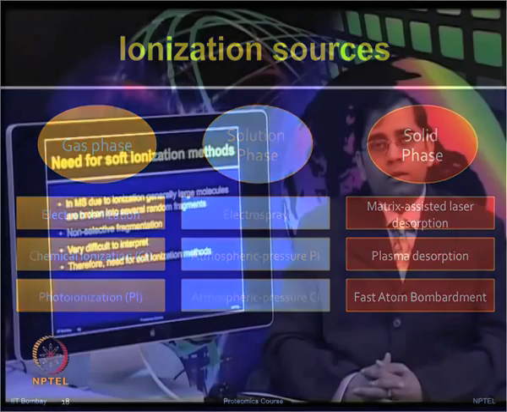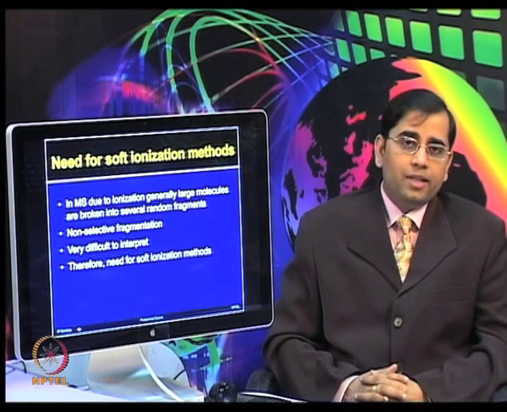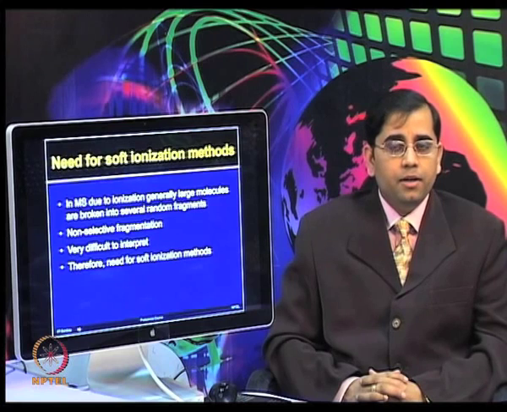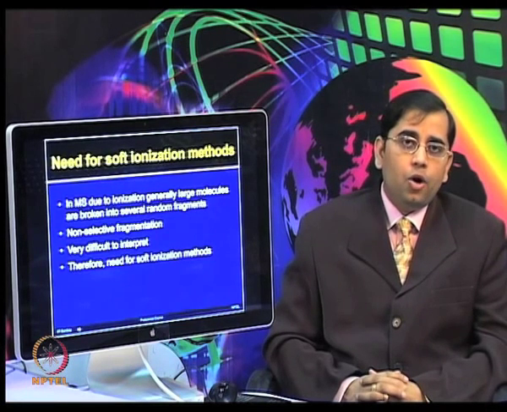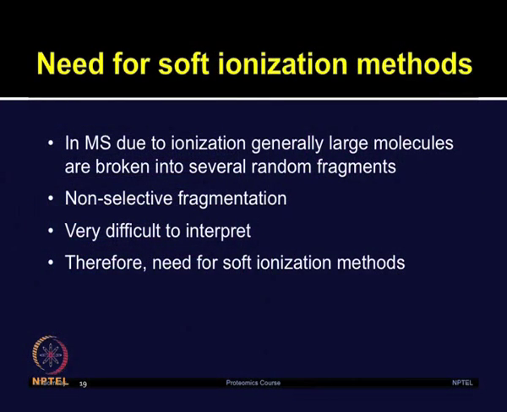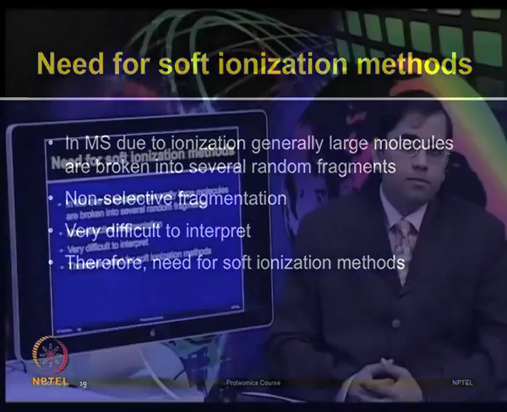sources. The traditional ionization sources used for small molecule chemical applications relied on chemical or electrical ionization, but these processes are too energy rich to ionize intact large biomolecules and they lead to unpredictable analyte decomposition.